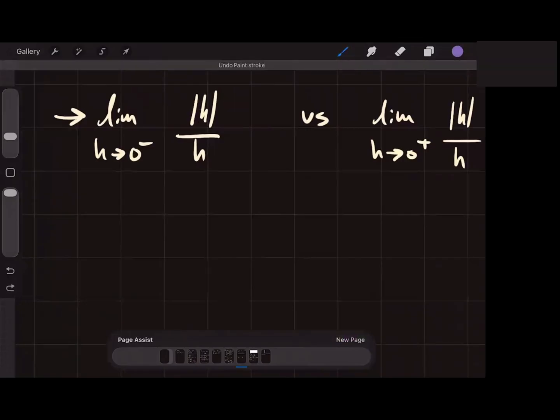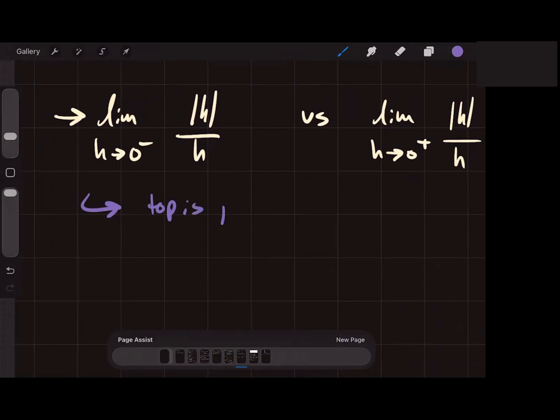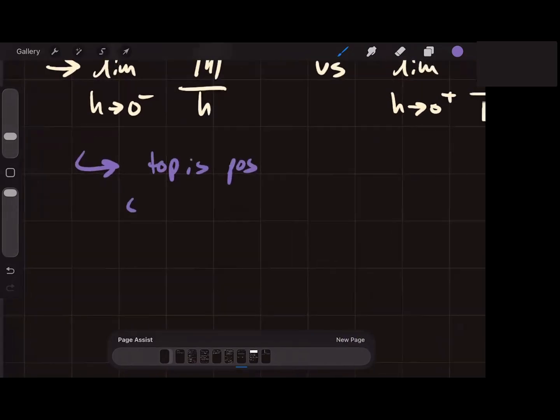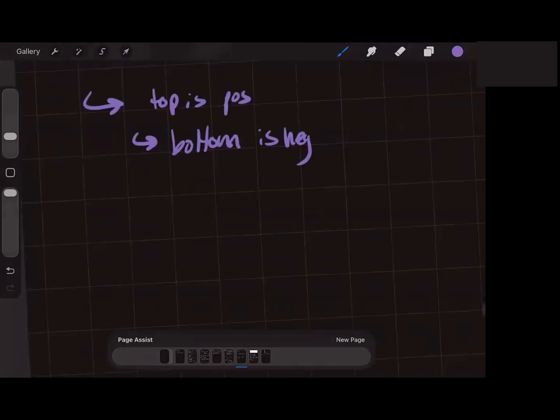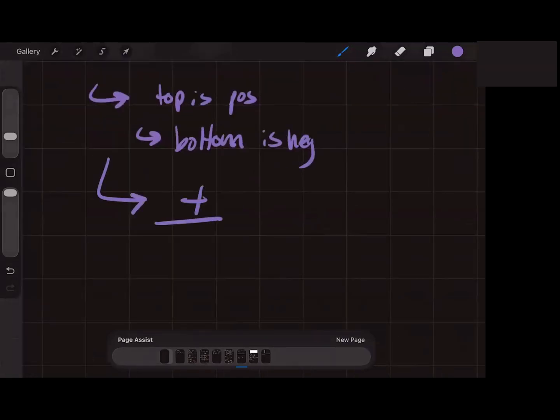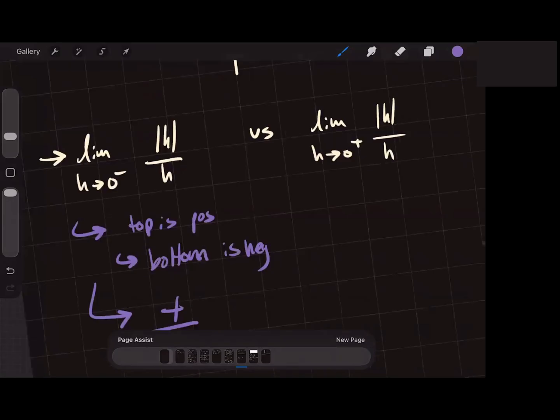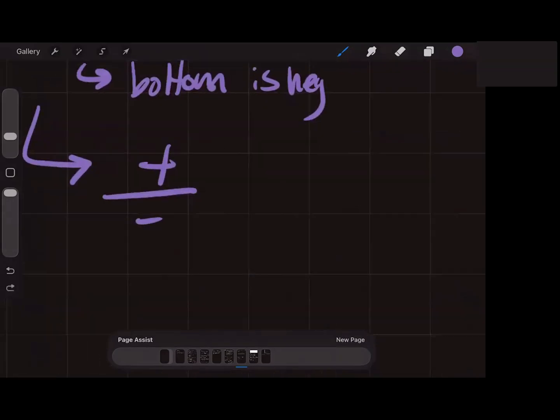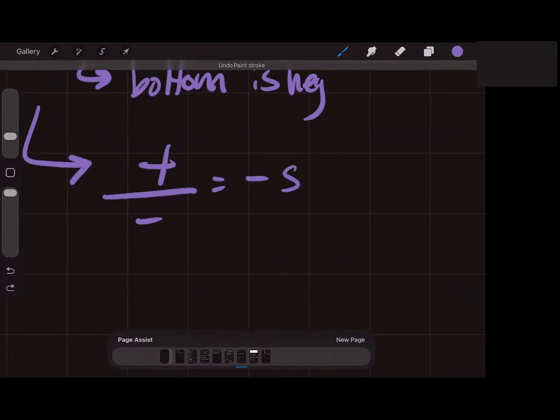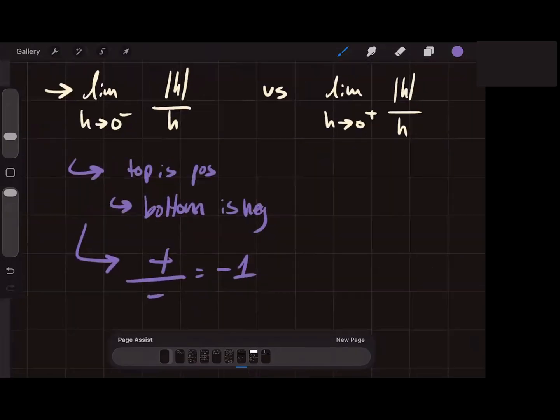The top, the absolute value of h, will always be positive. The bottom, if you're coming from the left of 0, is negative. That means you're going to get a positive over a negative. It's going to be the same number, but with different signs, which is going to be negative something. In this case, negative 1.